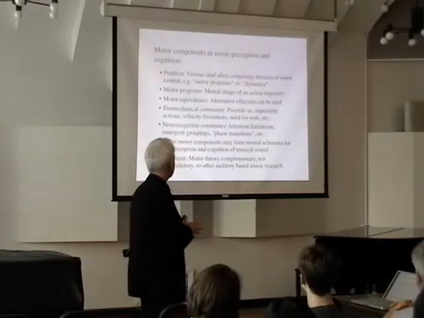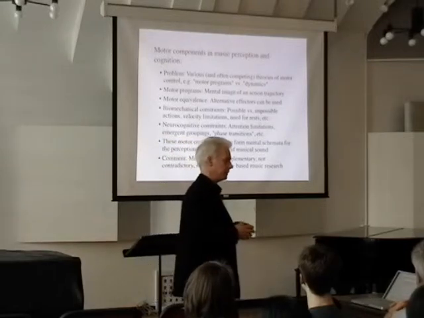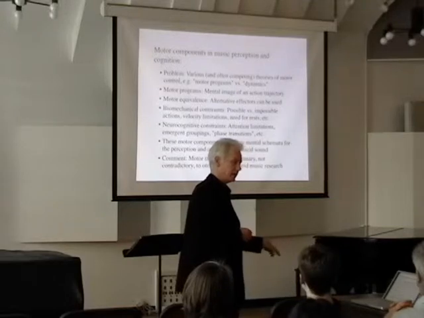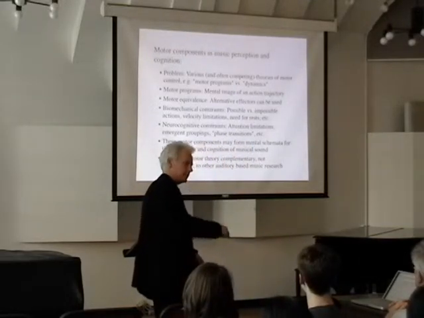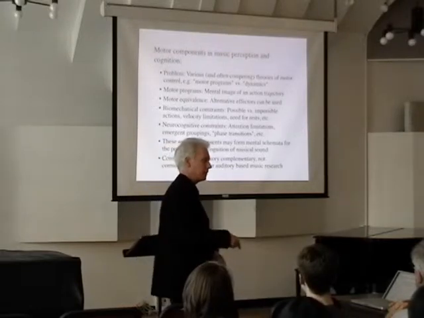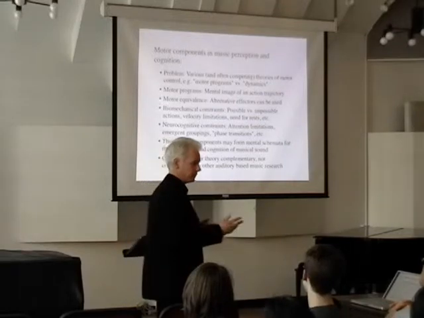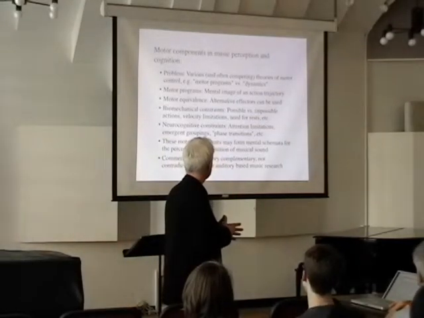We also have a very important concept of motor equivalence, meaning that I can play a tune on the piano with my left hand. If I was disabled, I could perhaps play the tune with a pencil between my toes. And this means that it's possible to go from one set of effectors, let's say the hand to the mouth, or the other way around.